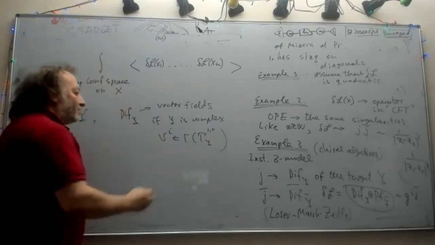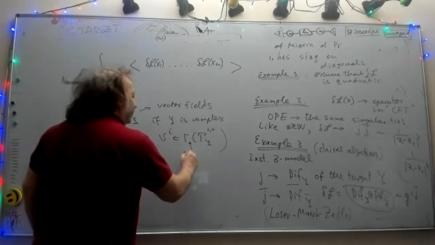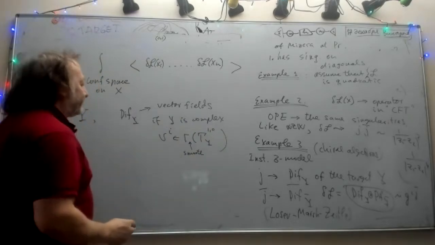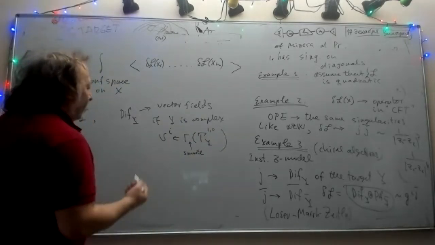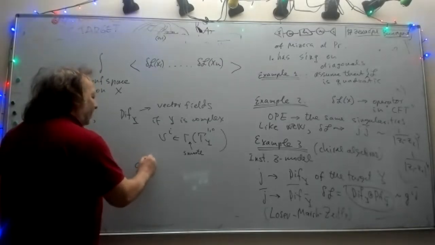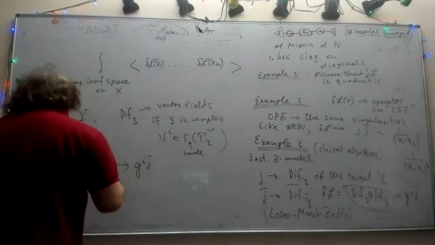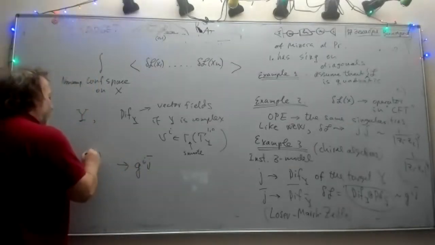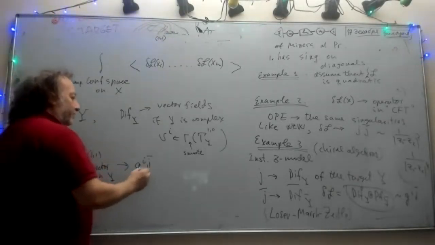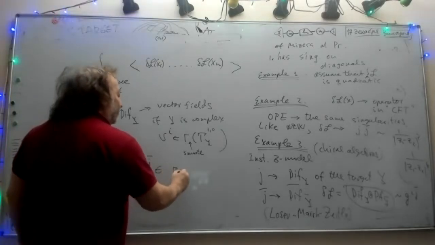Okay, then I have the object that is a (1,1) bivector on Y. So it belongs to the smooth section.